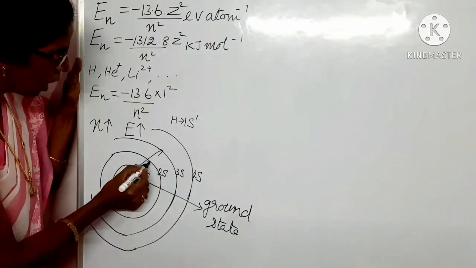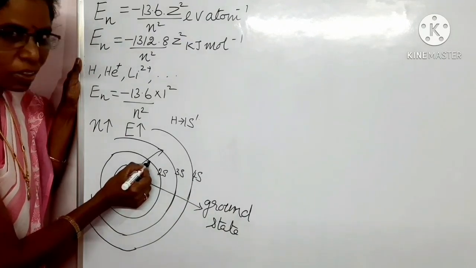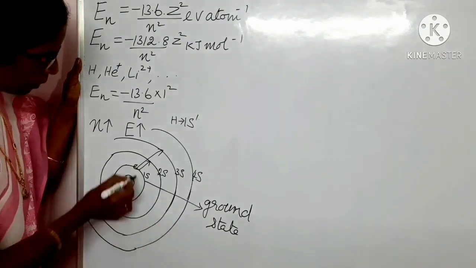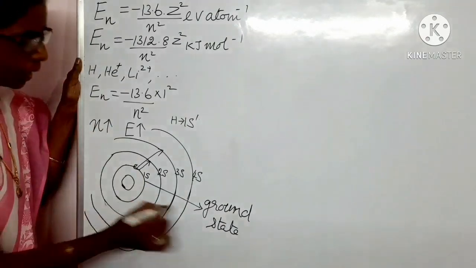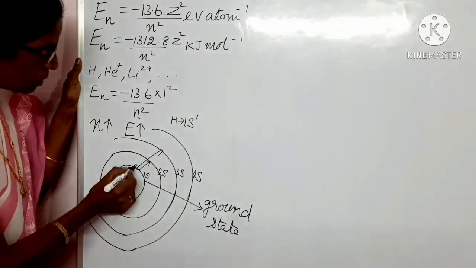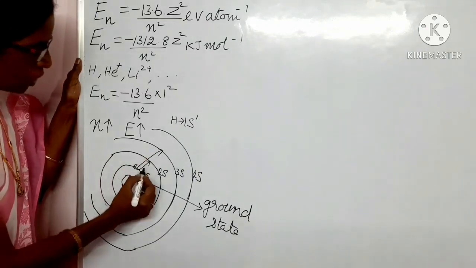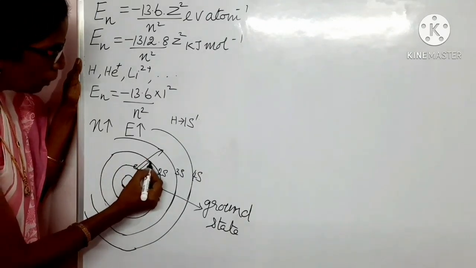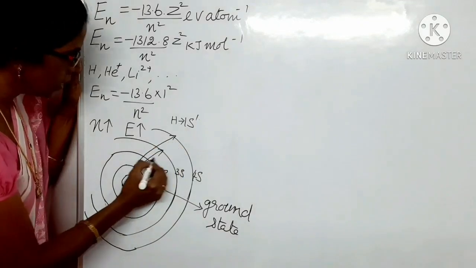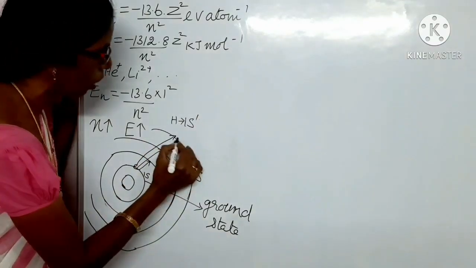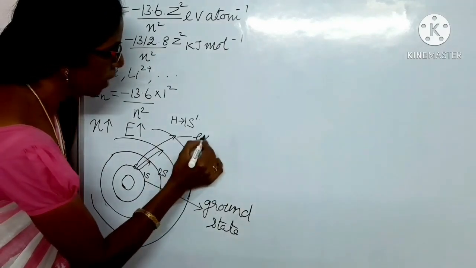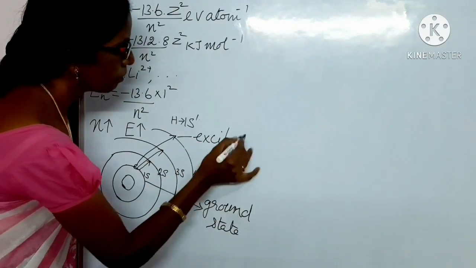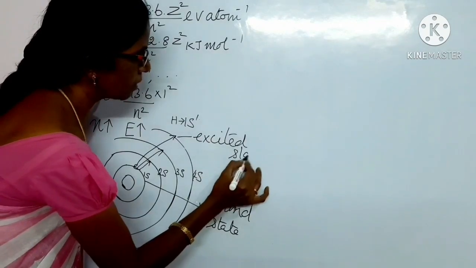These states are not the ground state, because the lowest energy state where the electron actually resides is called the ground state. Now this electron gains some energy and goes up to the higher energy levels. These higher energy levels are called excited levels. So these are called excited states.